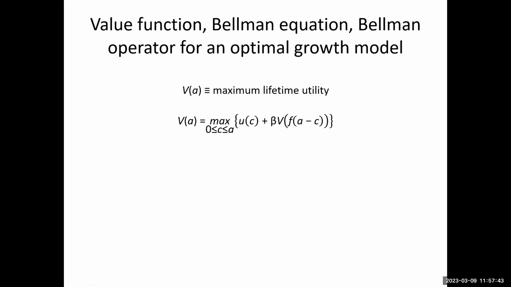Note that maximum lifetime utility next period depends on the amount of resource with which you start next period, which in turn is given by F of K equals F of A minus C. We call V of A the value function.